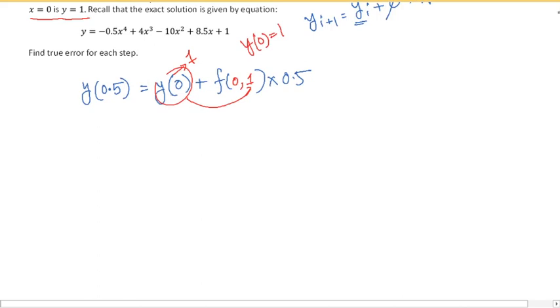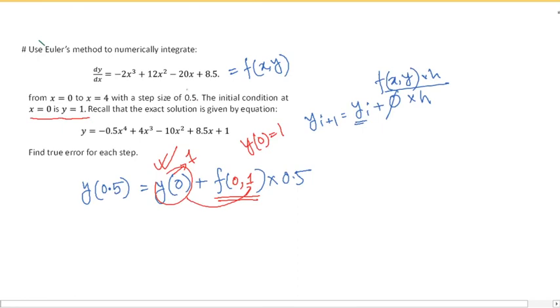Remember, in the very first step we are using the true values, but for the next steps, for local errors we'll be using true values. For global errors, we'll be using the values we obtain from the Euler method solution. What is the value of the slope at this point, where x equals 0 and y equals 1?